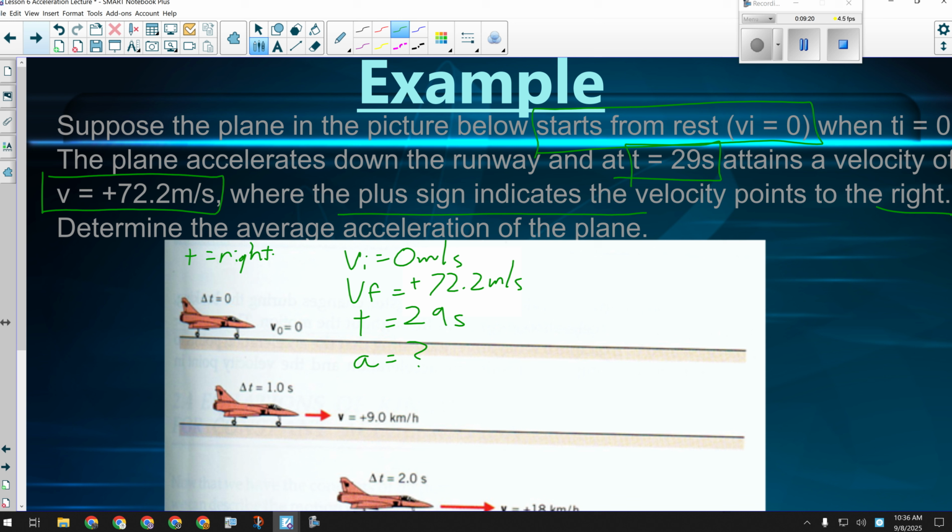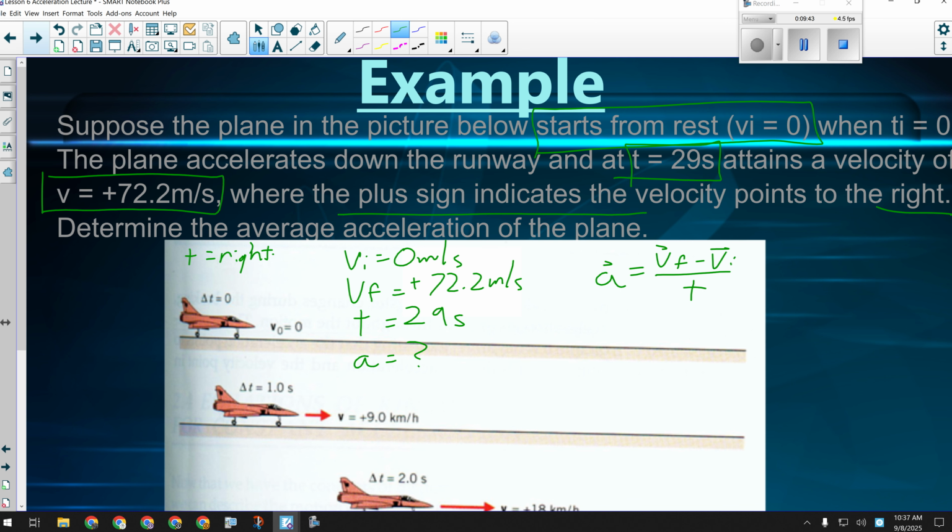Yes. There's only one formula on your sheet that has A, VF, VI, and T in it. So you have to play a little game of matching what you have with the formula that fits. That means I'll be using the one I learned last year in Science 10: A equals VF minus VI over T.